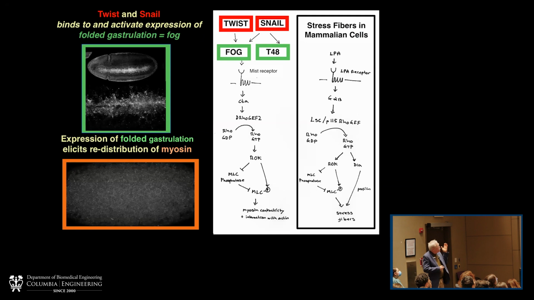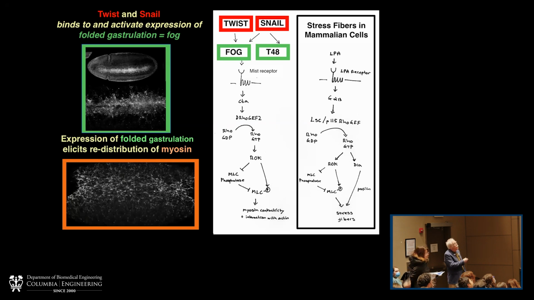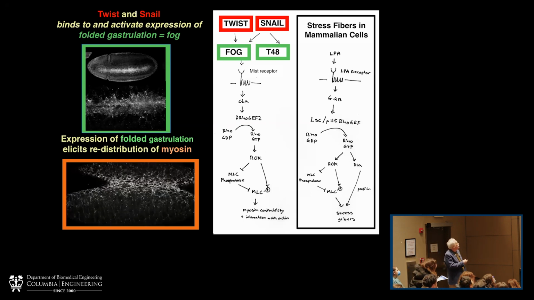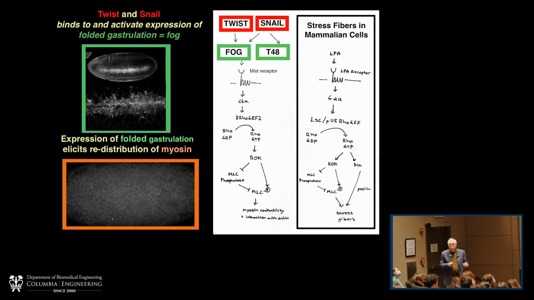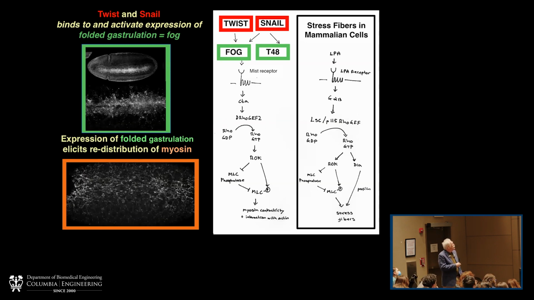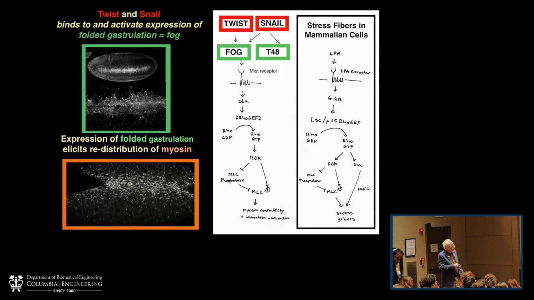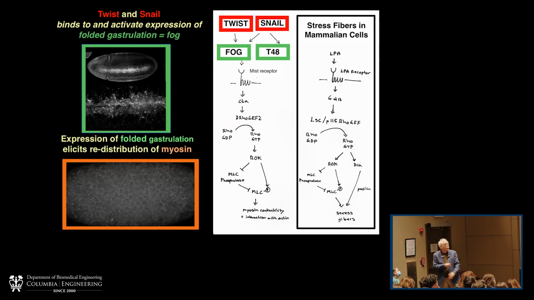So we know that twist and snail, which are transcription factors, bind to and govern the expression of a relatively small number of genes, specifically in the mesoderm, that have activities which will drive the accumulation or activation of myosin.